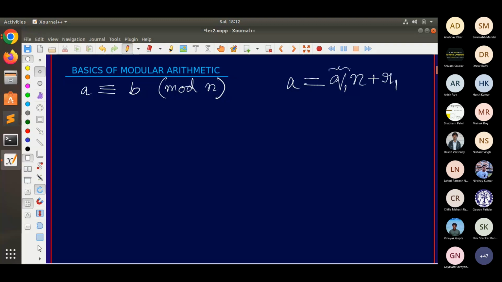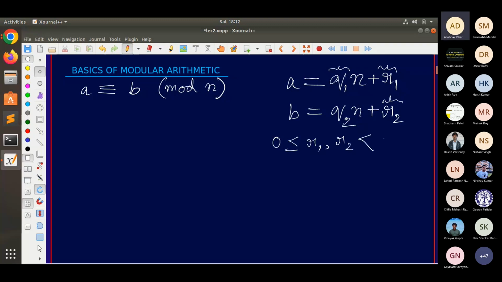This is the quotient and this is the remainder. And if B is divided, it would have a different quotient and a different remainder, where these R1 and R2 are between 0 and n minus 1. Then it means that R1 is equal to R2.